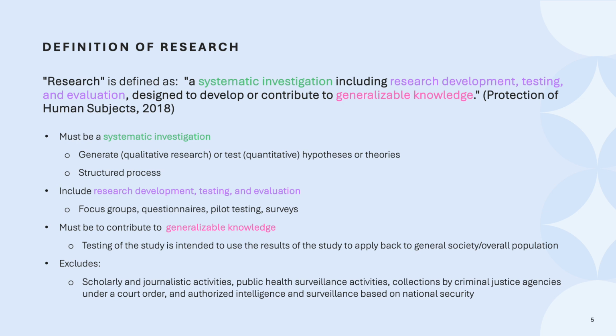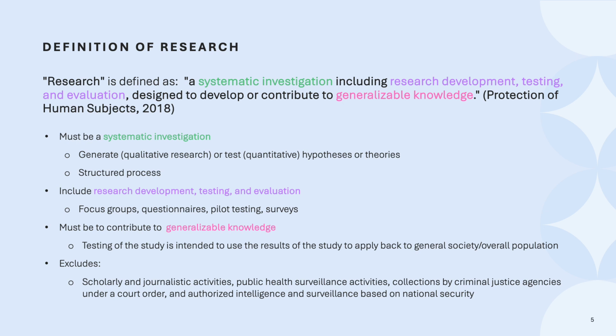These types of data collection are not considered research because of their intent, and they were not designed to contribute to generalizable knowledge. For example, journalism and authorized national security surveillance is meant to report, investigate, and inform about specific events or individuals. This information collected does not apply back to general knowledge and advance literature and is not testing or generating a hypothesis.